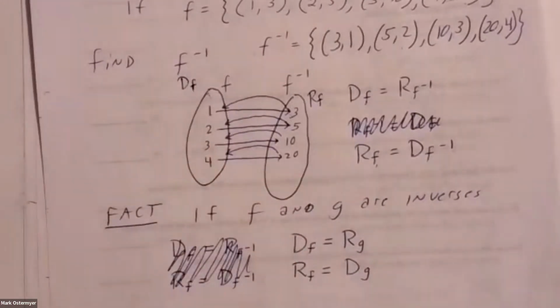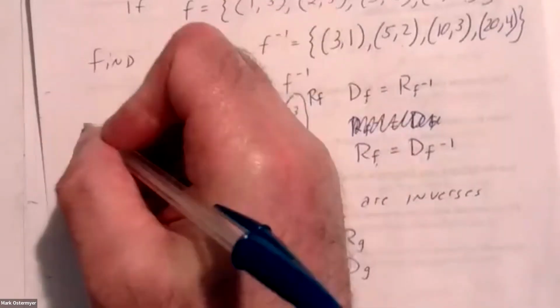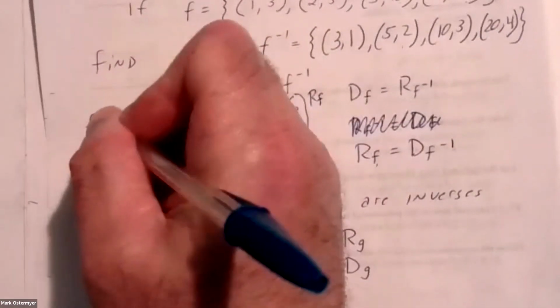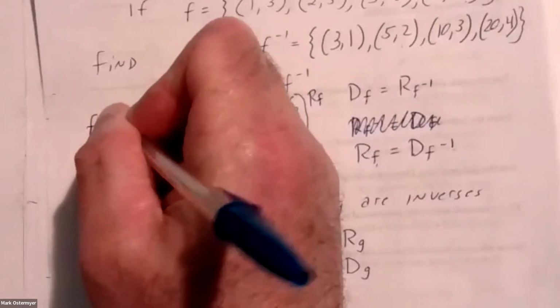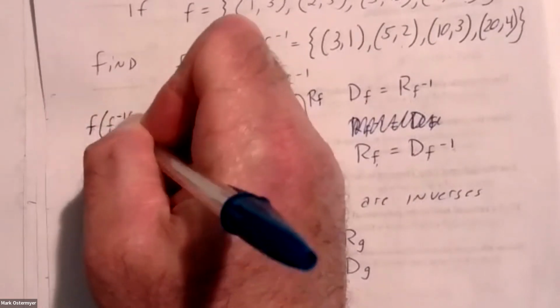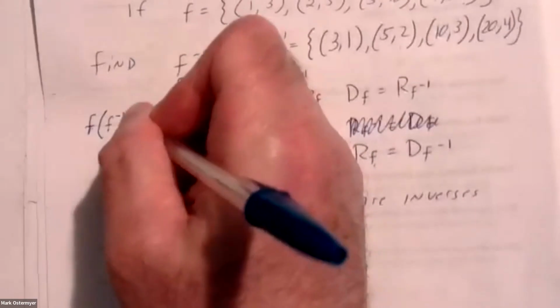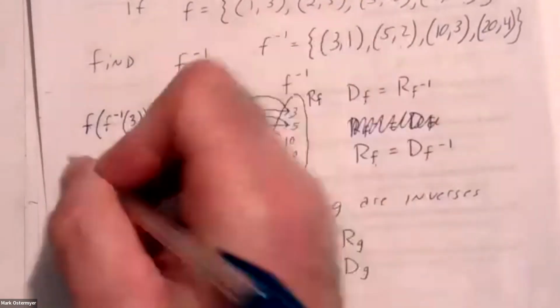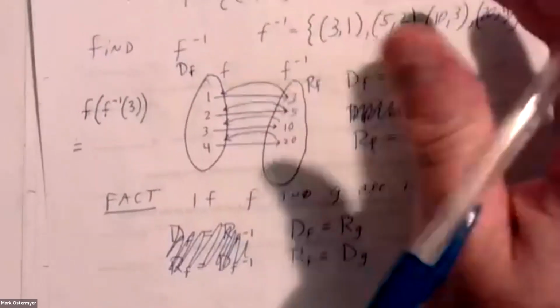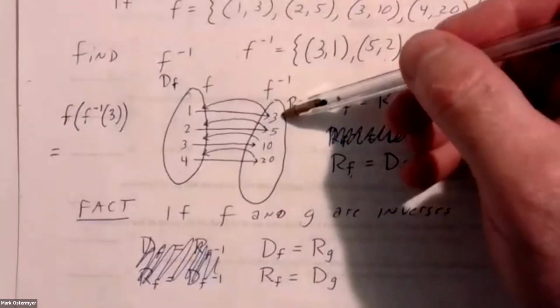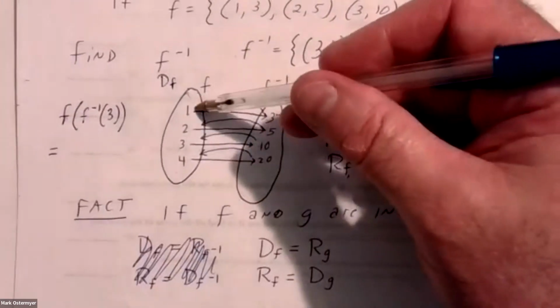Furthermore, I want to show you this here. What if I had, I'm going to try something here. What if I had f of f inverse of 3? Well, f inverse of 3 takes 3 and sends it back to what? 1.